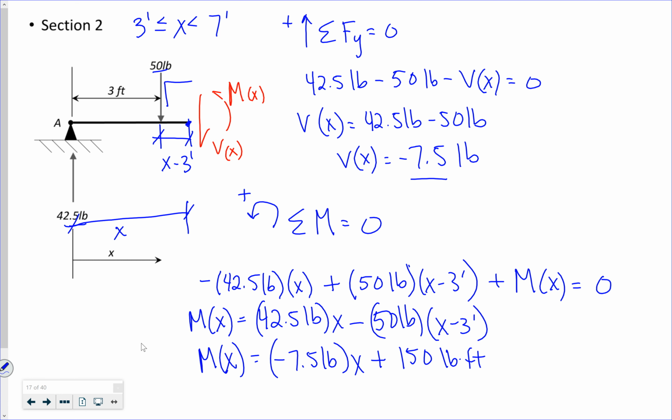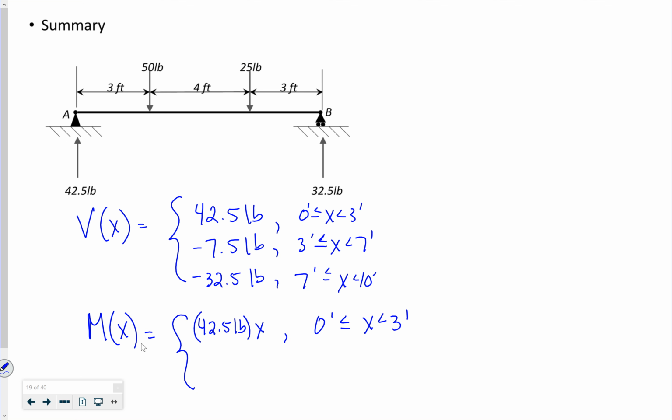Negative 7.5 pounds times X plus 150 feet for my second section. That's from 3 feet to 7 feet.